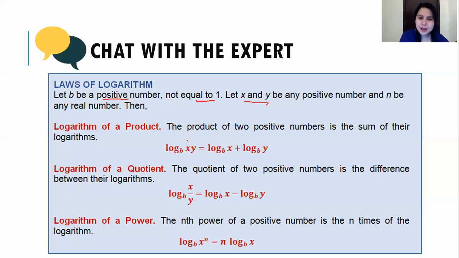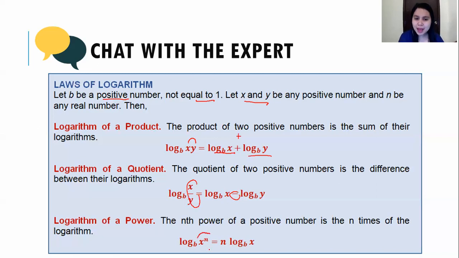Now, if you have xy, let's do expansion first. If we expand it, the multiplication becomes addition. So for example, you just distribute: log b of x plus log b of y. If you have division, once you expand it, it will turn into a subtraction.